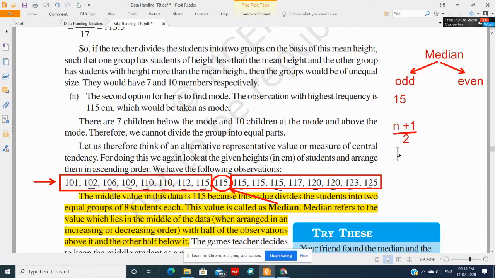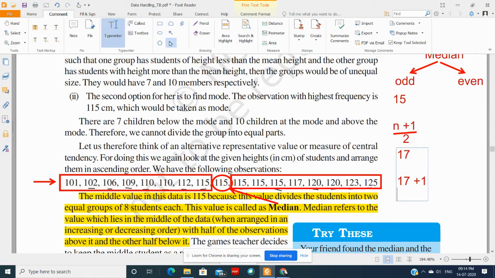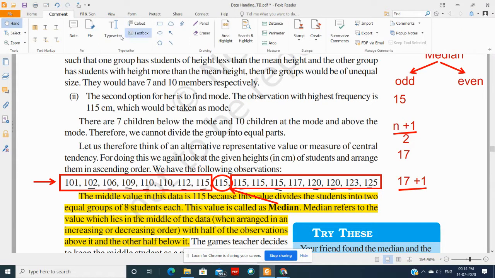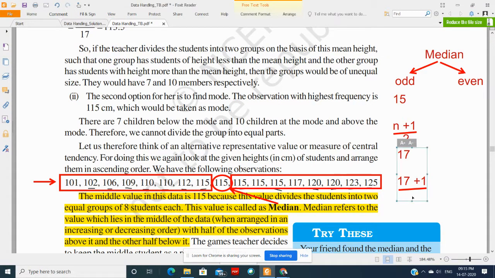If you take this example itself, 17 is your number. So you do 17 plus 1 divided by 2. 17 plus 1 is 18, and 18 divided by 2 is the 9th observation.